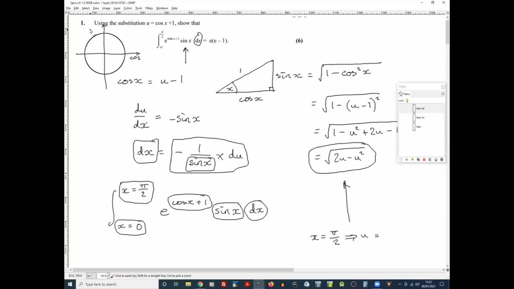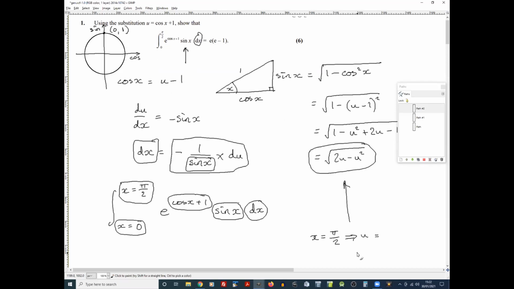And the vertical axis is giving you sine, the sine values of all the times on the clock. So for pi over 2, which is 12 o'clock, cos is 0, because that point there has coordinates of 0, 1. Cos and sine are 0 and 1.